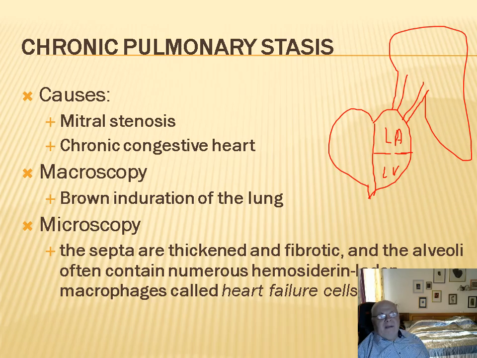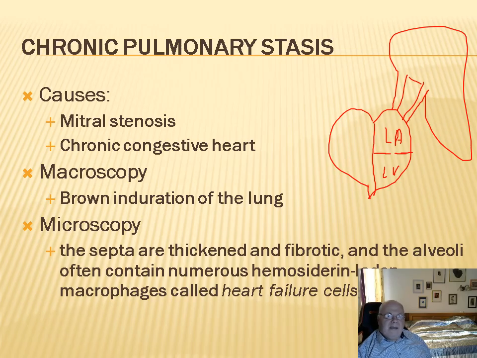The more severe the mitral stenosis, the more severe the chronic pulmonary stasis, and it is a progressive condition in time. A chronic heart failure will generate the same result.